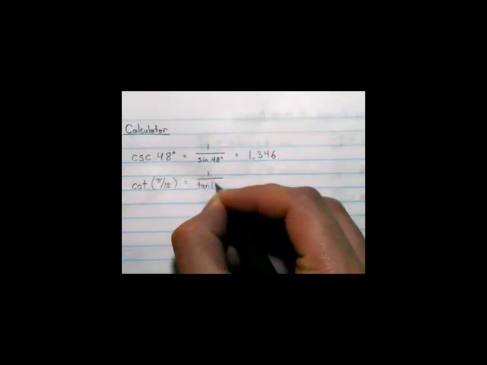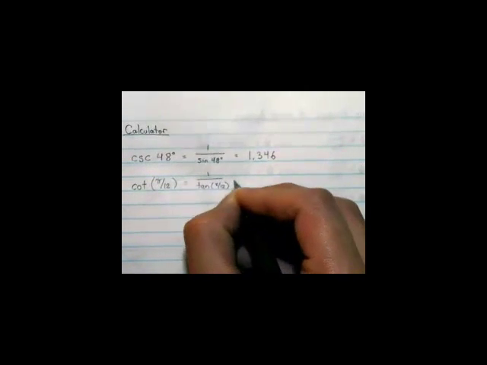Calculator needs to be in radians first of all, but then how do I go at this one? 1 over the tangent of pi over 12, back to radians, 1 over tangent pi over 12. So it should be about 3.732, that sort of thing.